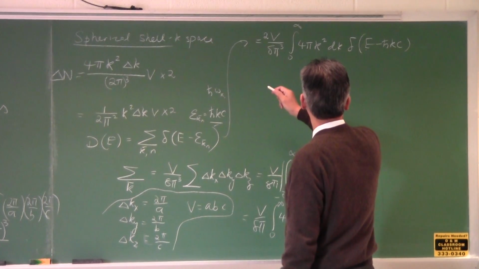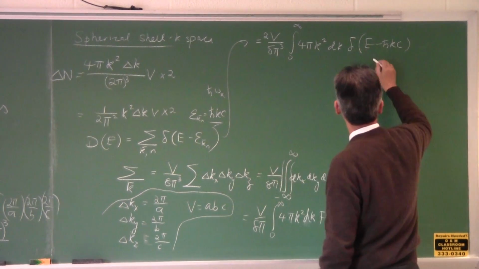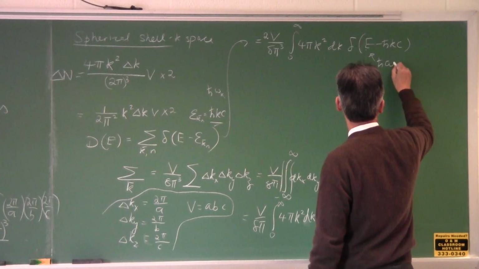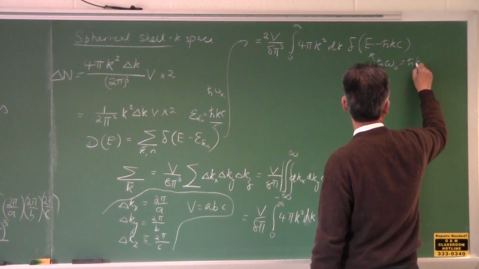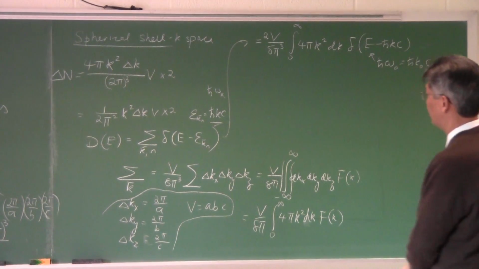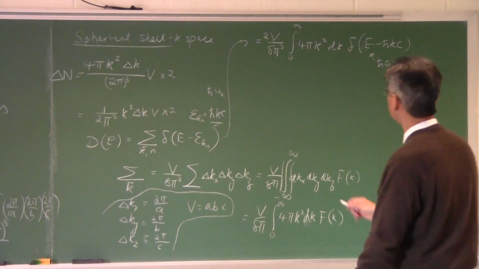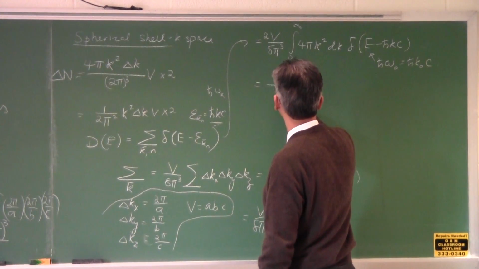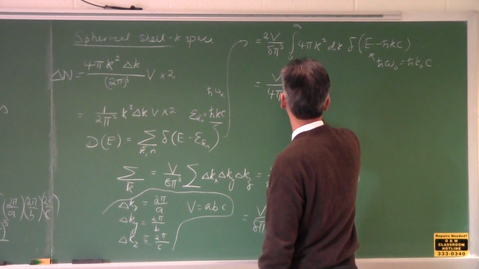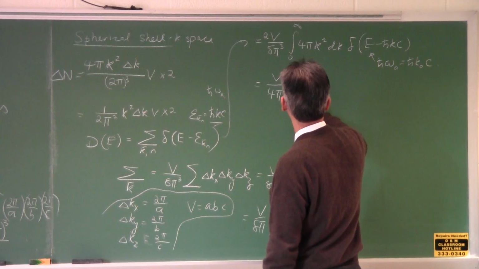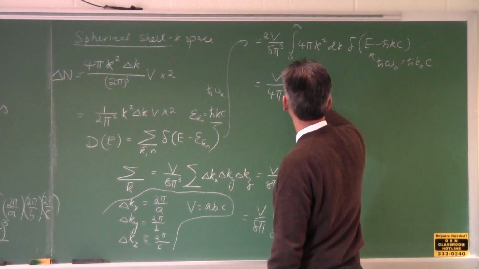And then this number here is h bar omega naught, which is h bar k naught c. The k naught c is the wave number of free space. So if I were to integrate that, this would be b over 4 pi cubed. And then I put a 4 pi outside.